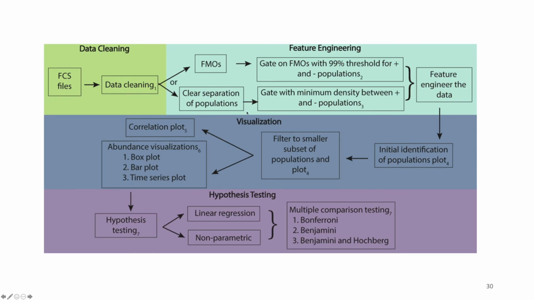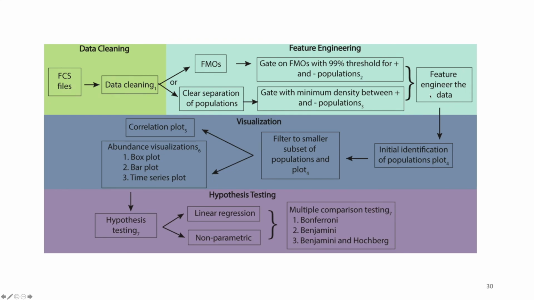Another in-progress step is using, as an alternative to FMOs, if you have a clear separation of populations, like that initial plot I showed where we could see two clear populations, a negative and positive for CD4, a minimum density gate to calculate the difference between the positive and negative populations.